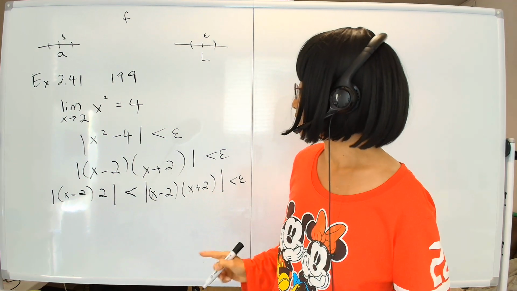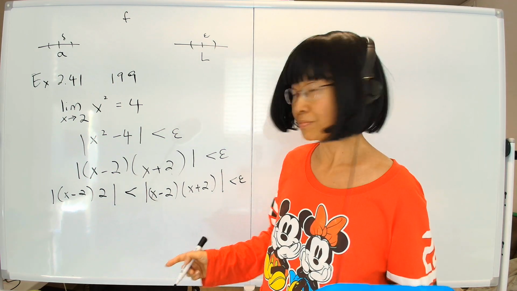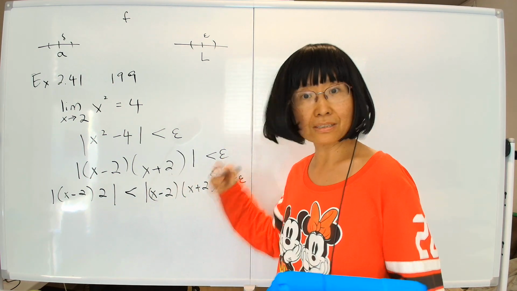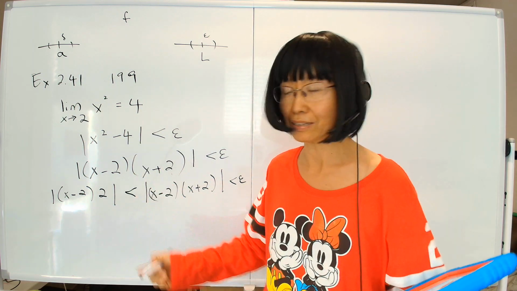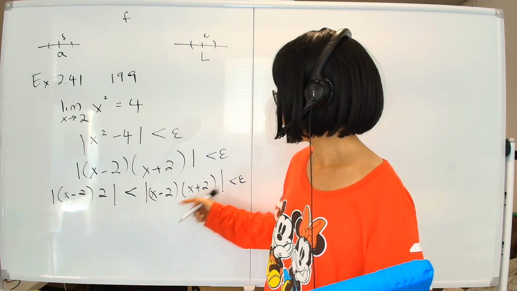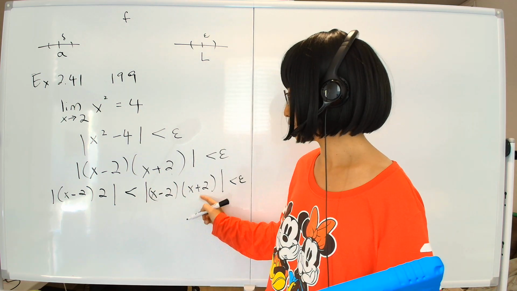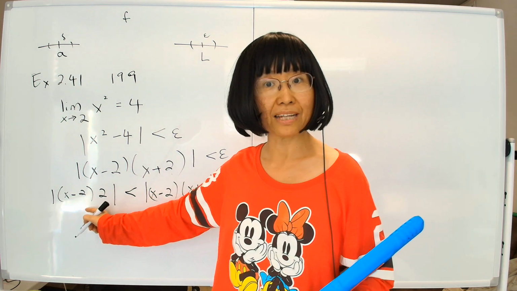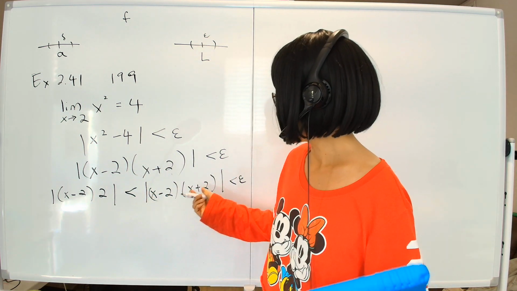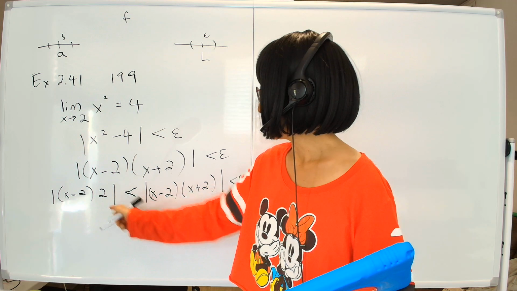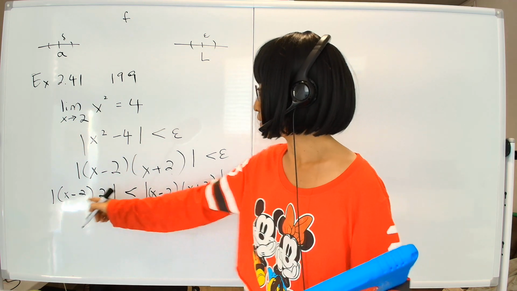Why is that? Because x is almost 2. Everything's in absolute value, so you don't care about negatives. When x is close to 2, this thing has to be bigger than that, because x is almost 2, so it's always bigger than this thing.